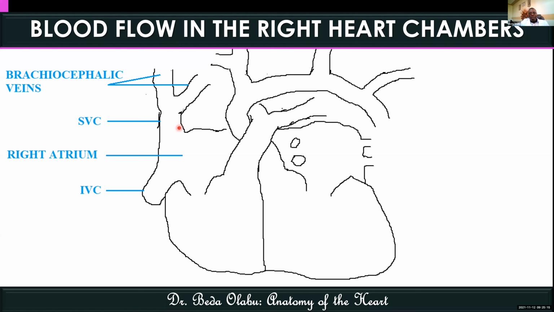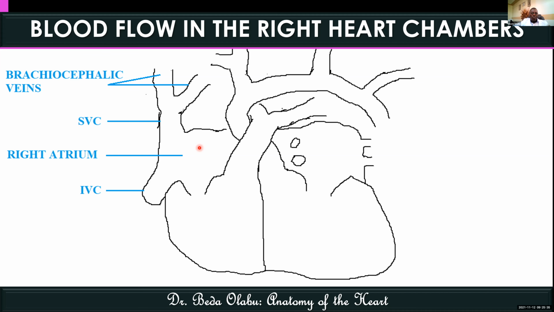For the heart, remember, it will drain via the coronary sinus, again into the right atrium. For the lungs, remember, blood from the lungs enters via the pulmonary veins, which enter the left atrium and not the right.